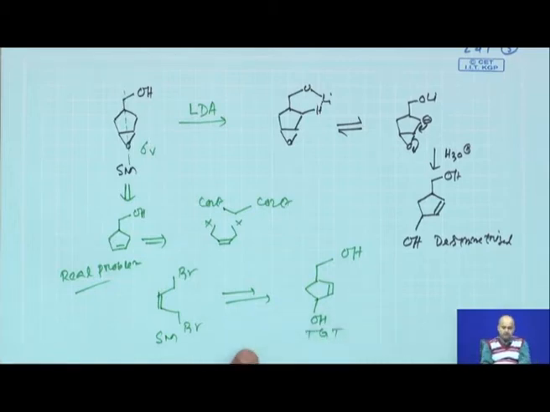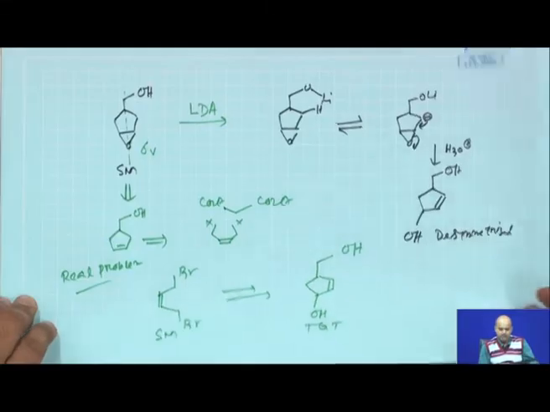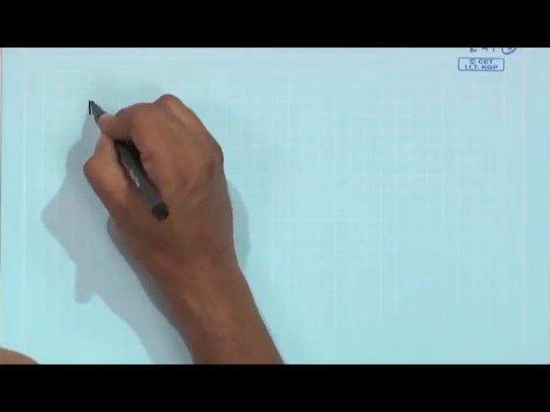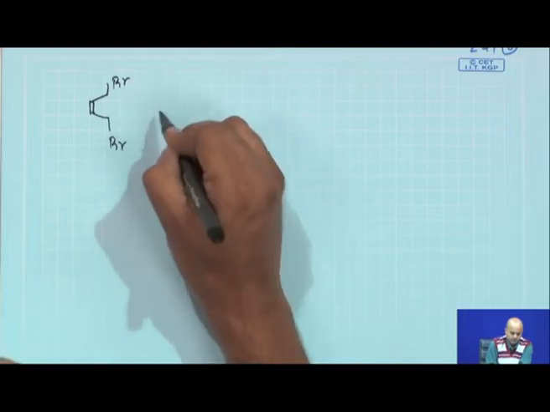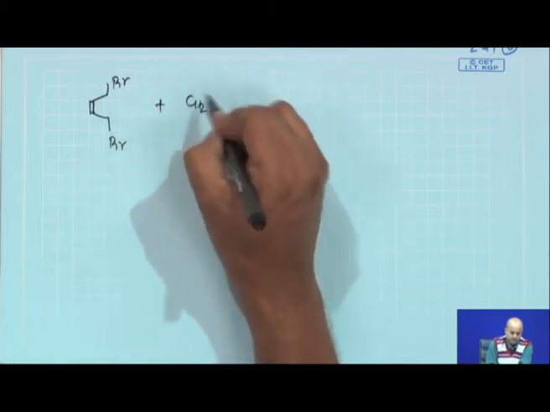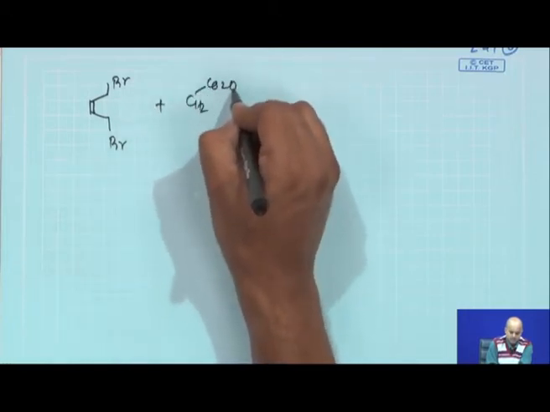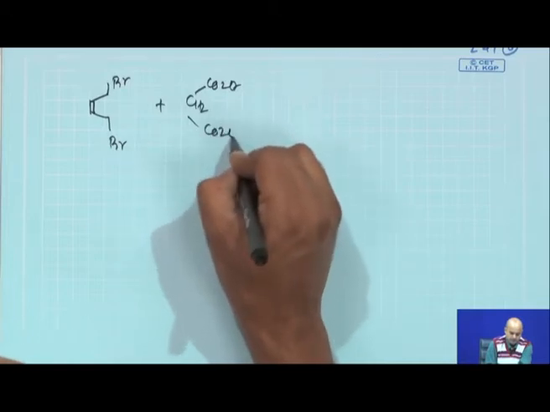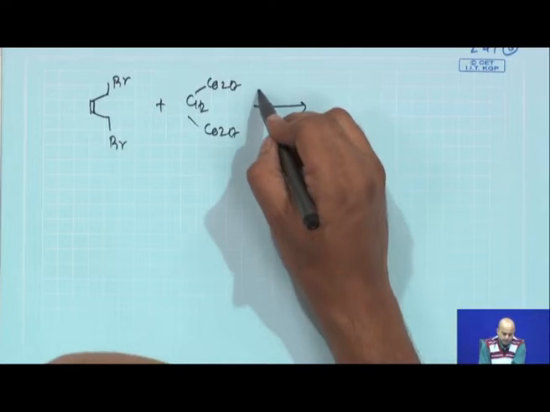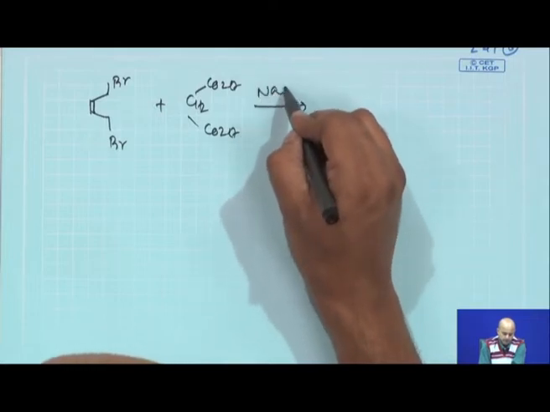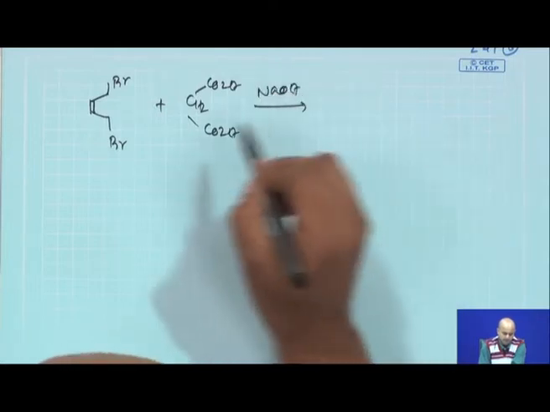So, now if this problem was given to you, you basically have to follow the pathway which I have just now discussed. Take this dibromide, react with diethyl malonate. Now, diethyl malonate has an active methylene group, you treat with excess base, let us say sodium ethoxide.